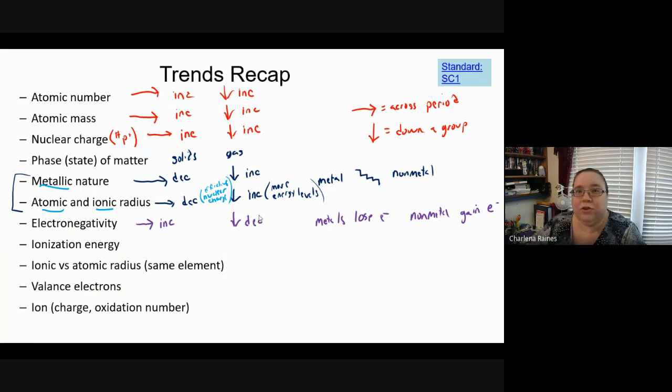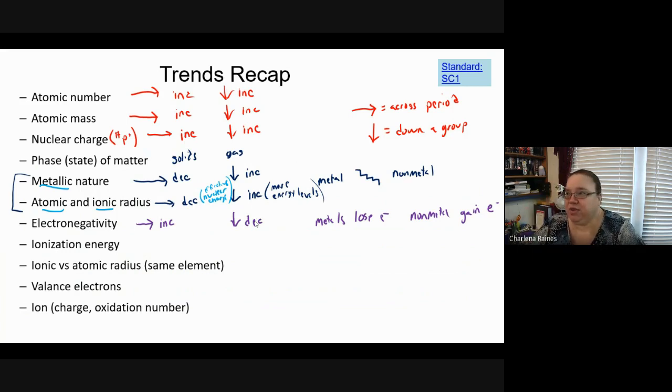Larger elements have a harder time attracting electrons simply because there are more energy levels between that nucleus and the outer shell, my valence shell of electrons. So my larger atoms have a harder time attracting electrons. My smaller atoms, it's easier to attract them. Therefore, we see a general decrease in electronegativity.